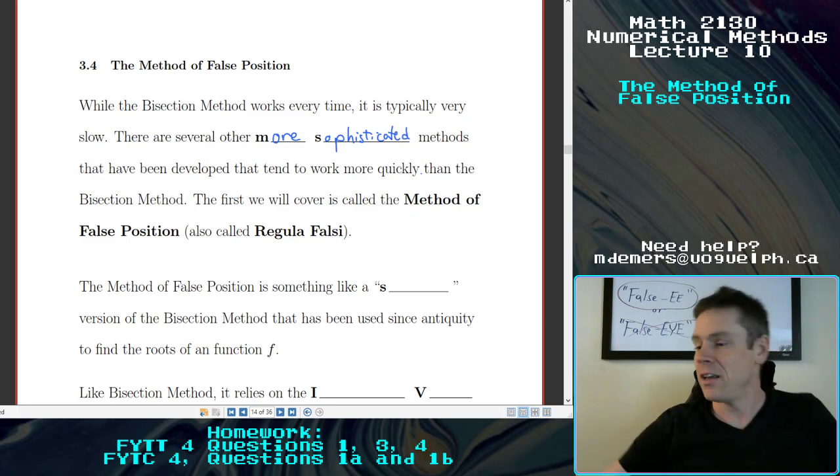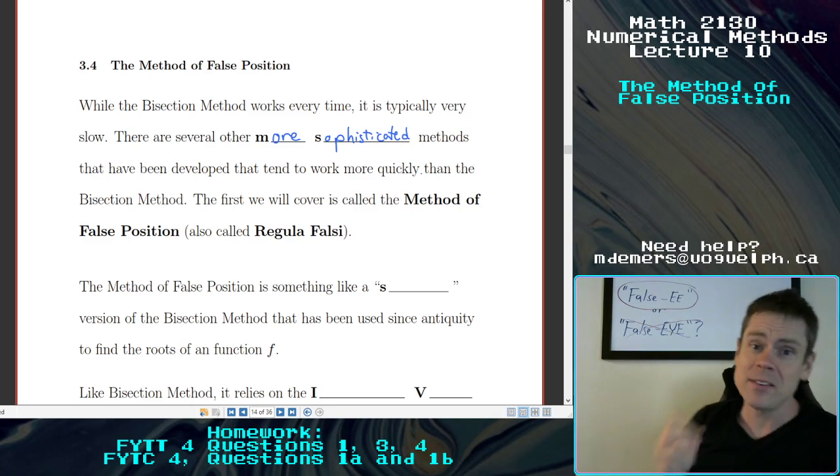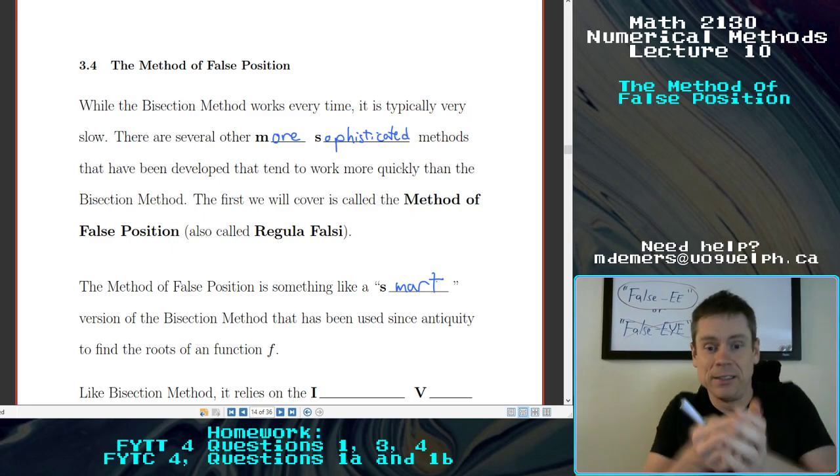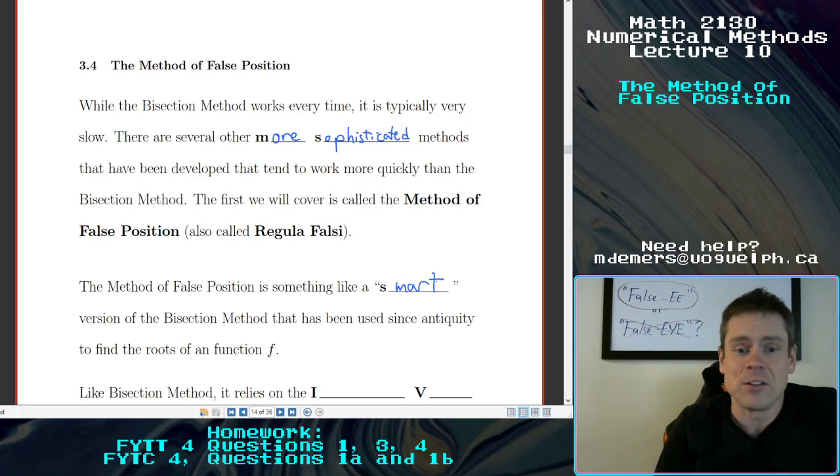In any case, what is this thing? Basically, it's the next step forward. It's like a smart version of the bisection method. It's actually been used for literally hundreds of years, if not thousands. It's been used to find roots of a function f.